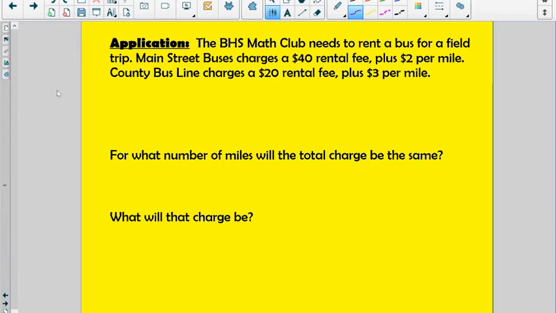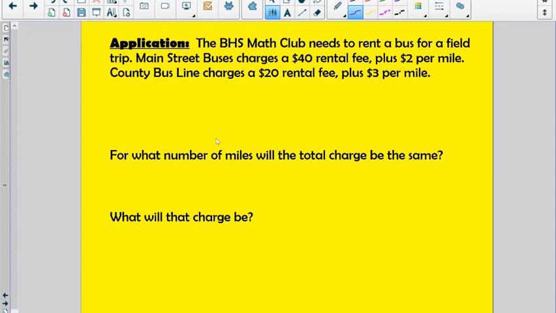So that's where we see this difference. If you have long trips, it might be better to go with Main Street Buses because it's a lower price per mile. If you have a shorter trip, then the charge per mile isn't quite so bad. You really get hit with the rental fee, so you want the lower rental fee.